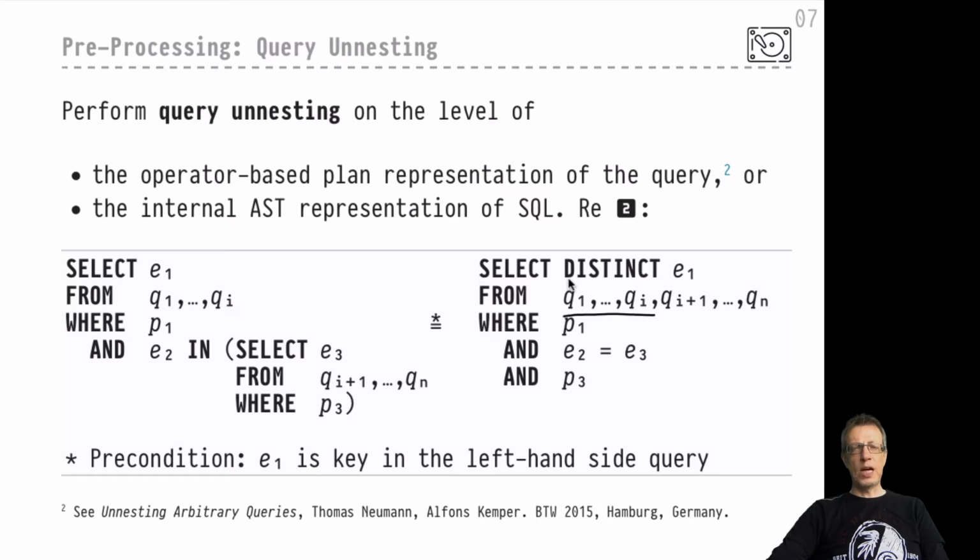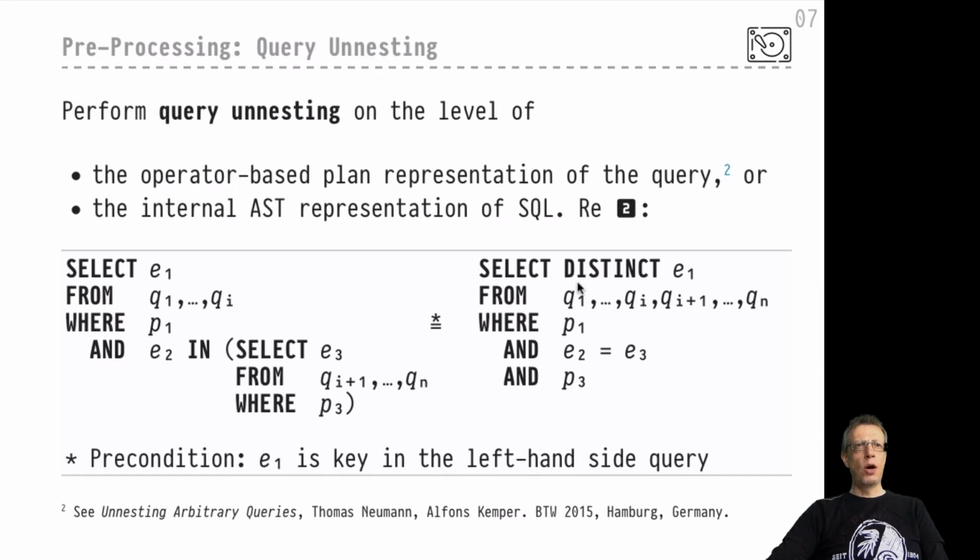In the example that we will see in the terminal in a minute, we will see that there are cases where this distinct clause is not necessary, and indeed the system will be able to detect this. Okay, but in general we will need this here.